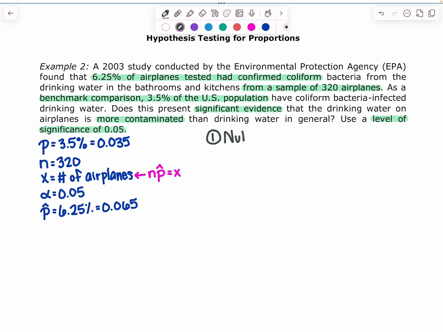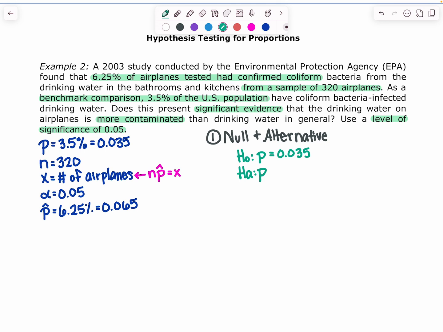Step 1 is the null and the alternative. Every hypothesis test starts with an H0 and an HA. We're looking at the proportion, so we're going to have P, and then we're assuming that the proportion of infected water is 0.035.